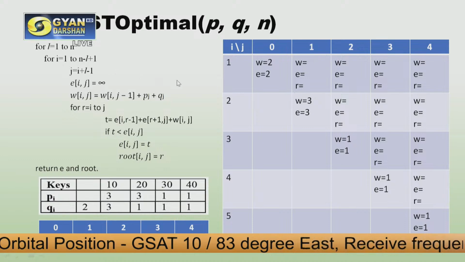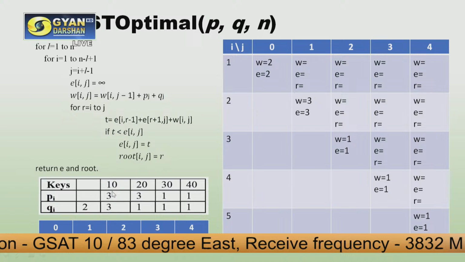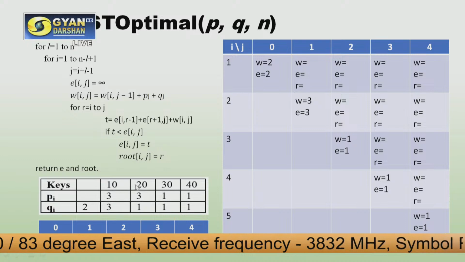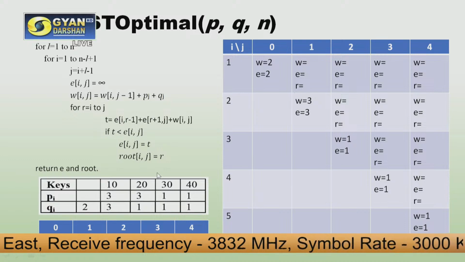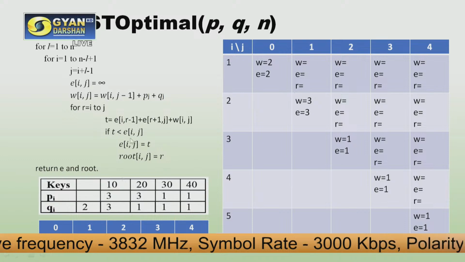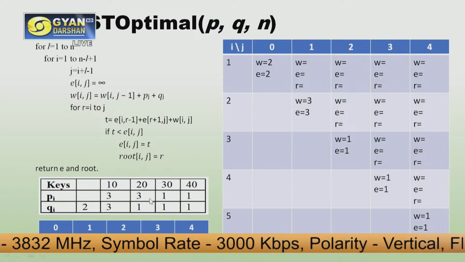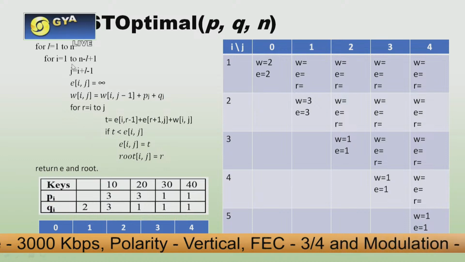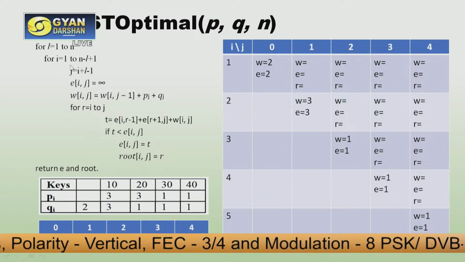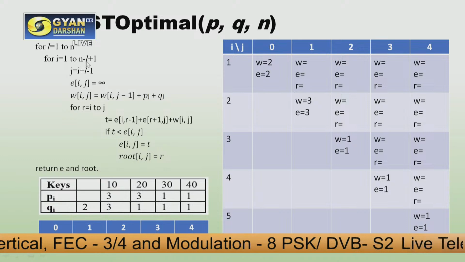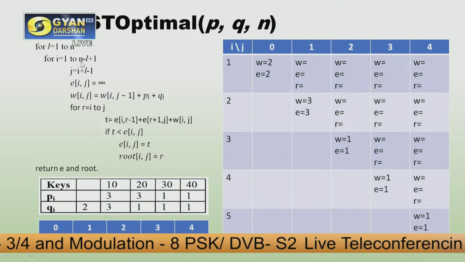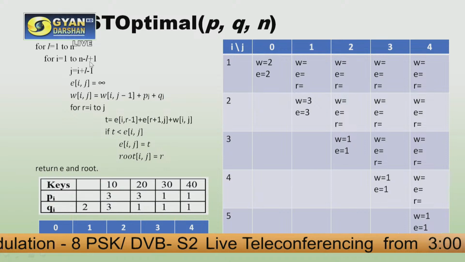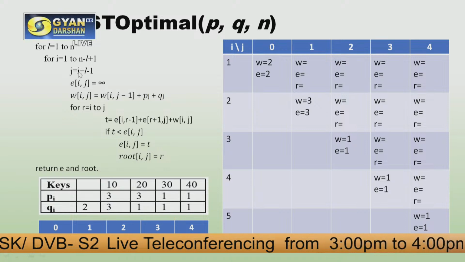Why? Because when you are referring to one key, you will be referring to 10, 20, 30 and 40, till 4 only, right? You don't have 5 keys. So key 1, key 2, key 3, key 4, one each, all right?